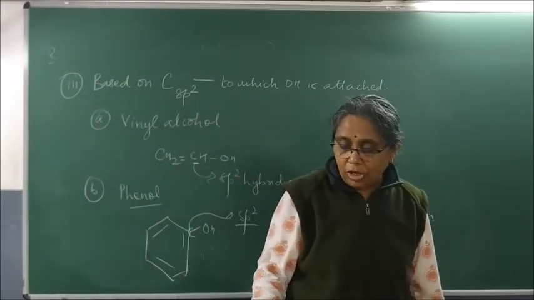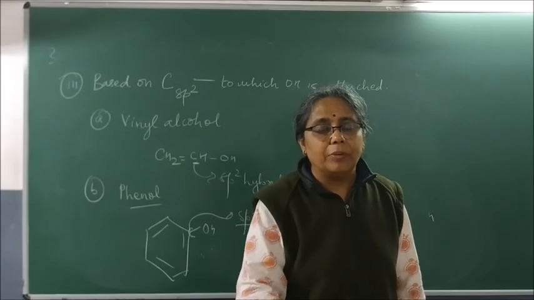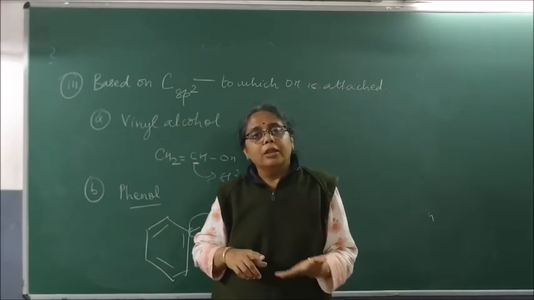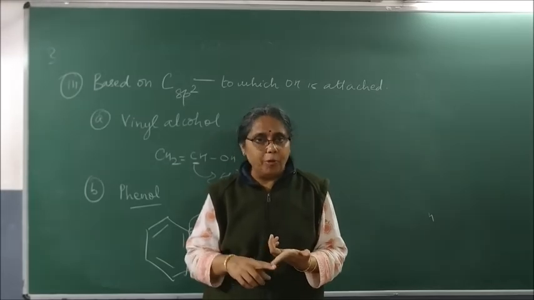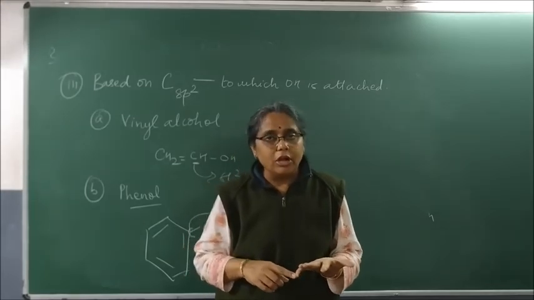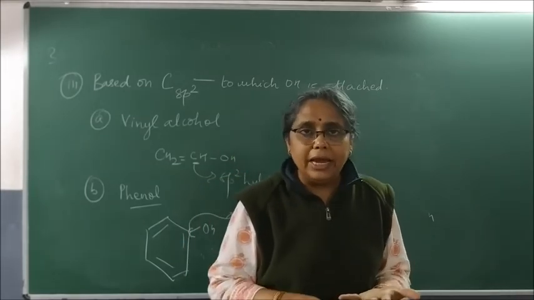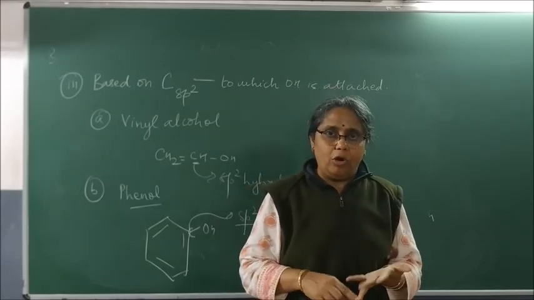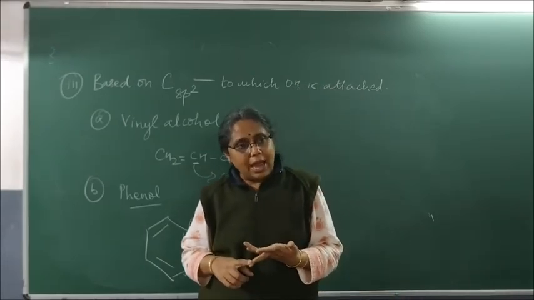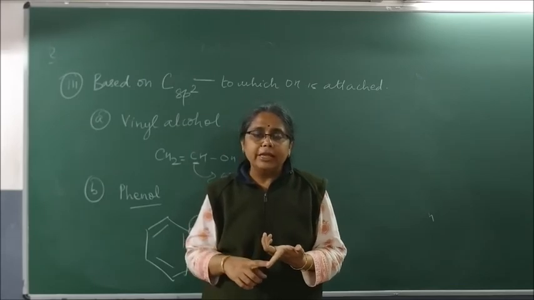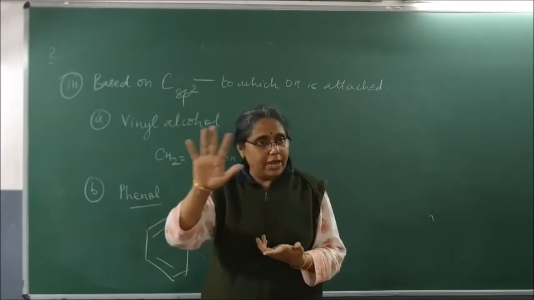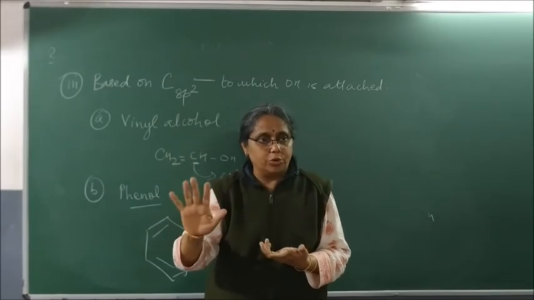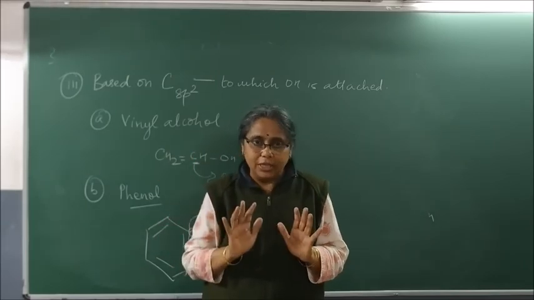Classification of alcohols is basically done on the number of OH groups: monohydric, dihydric, trihydric and polyhydric. Monohydric is called alkanol, dihydric is called alkane diol, trihydric is called alkane triol, and the polyhydric example was sorbitol. We wrote 6 carbon atoms with 6 OH groups.